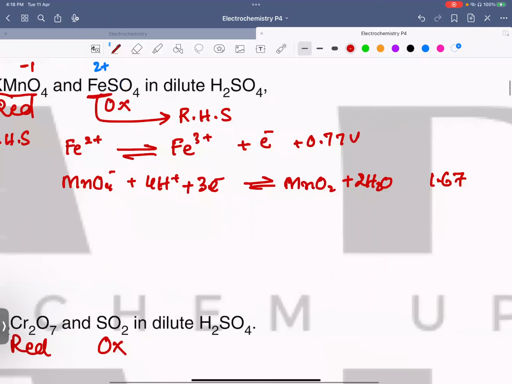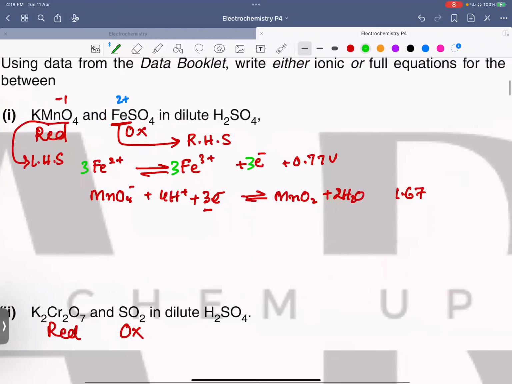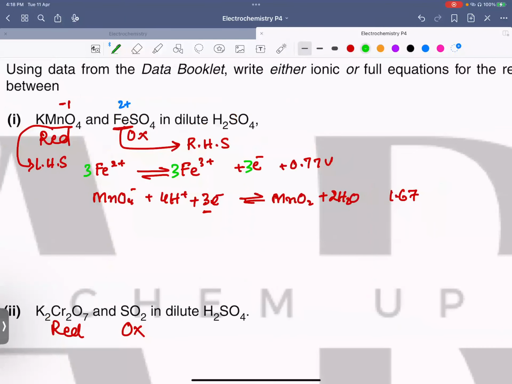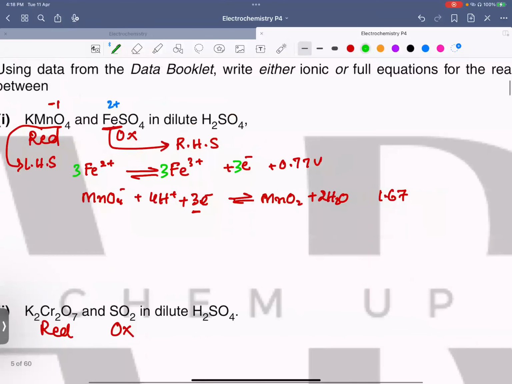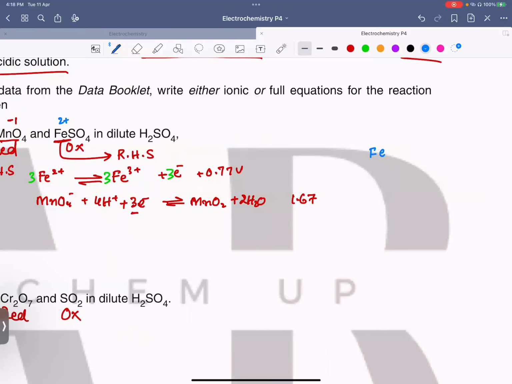Here it's 3, so I multiply the above equation with 3. Here you can also do one more thing, so that you understand both ways. In the first case, Fe3 positive plus electron.